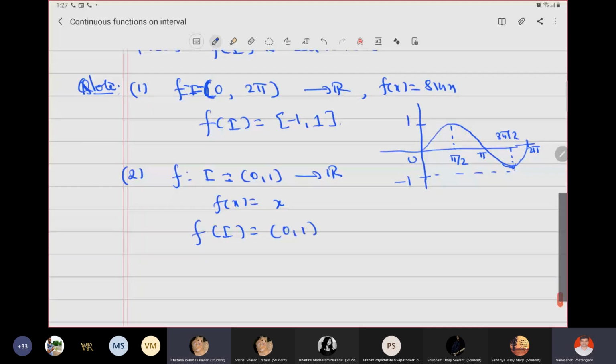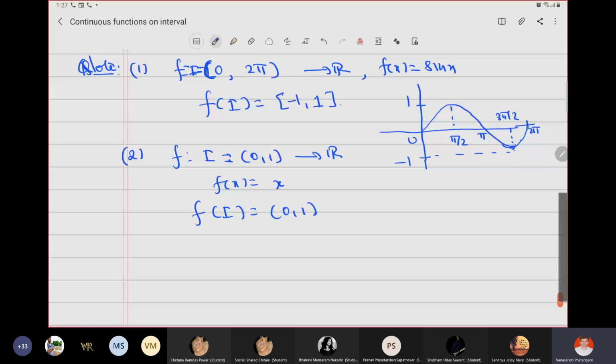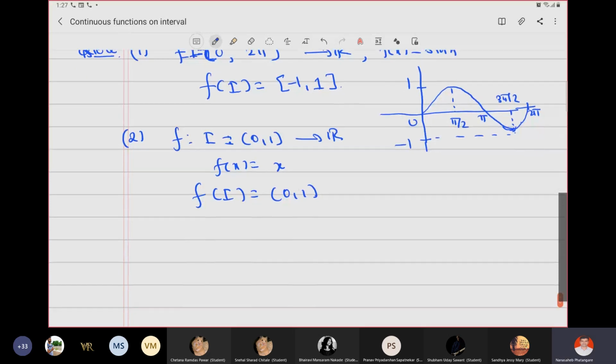That means if the function is continuous and the domain is an interval, the range is an interval, but if the domain is an open interval, it may happen that the range is an open interval or a closed interval. If the domain is a closed interval, then the range is a closed interval. That is the certain thing.